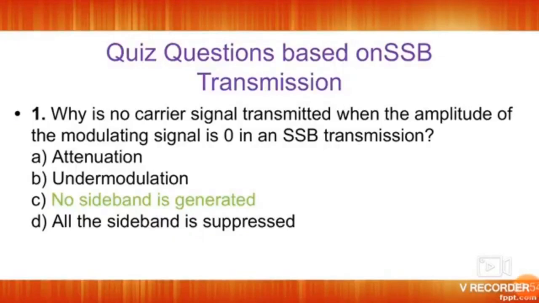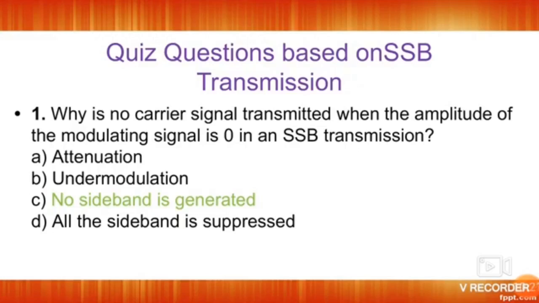The question here is, why is no carrier signal transmitted when the amplitude of the modulating signal is 0 in an SSB transmission? You have to understand the question. When the amplitude of the modulating signal is 0, it means there is no modulating signal.